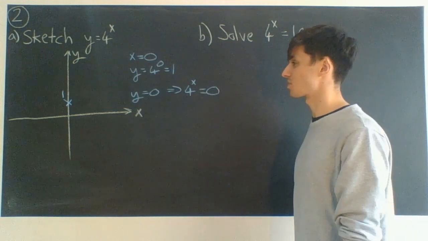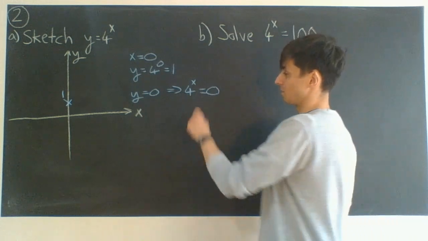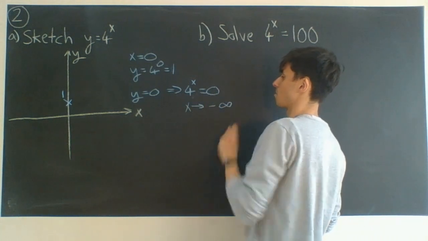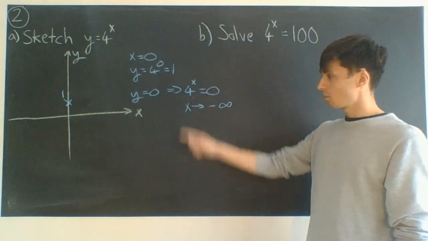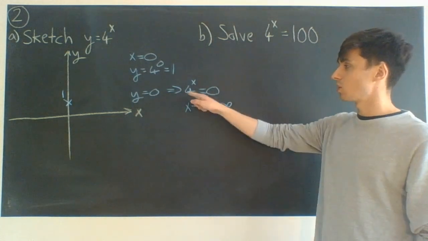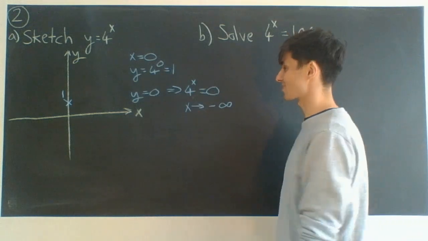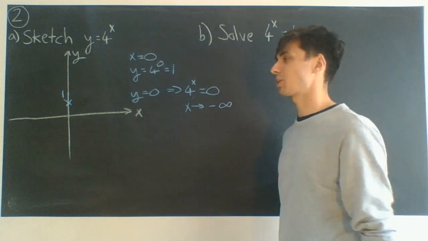No matter what we choose. And actually, this only happens as x tends to minus infinity. Because we would need it to be 1 over a really, really big number to get close to 0. It's just not going to happen on our graph.